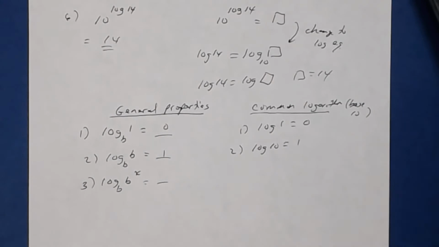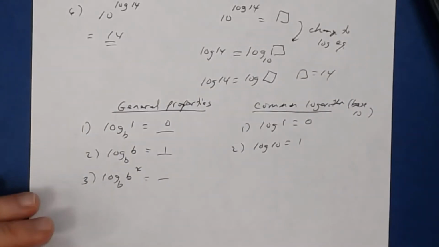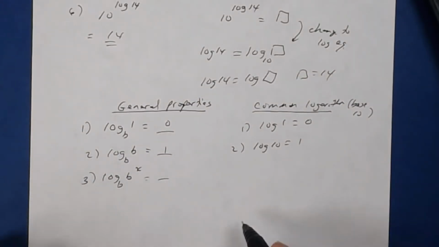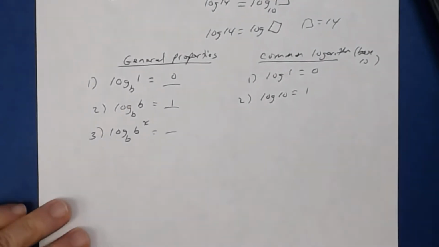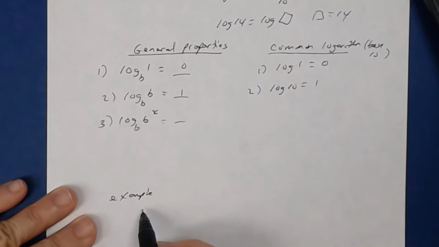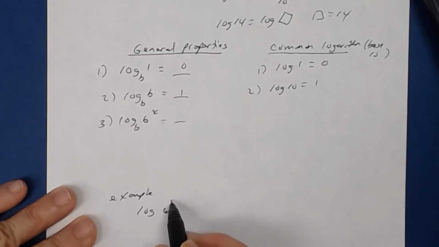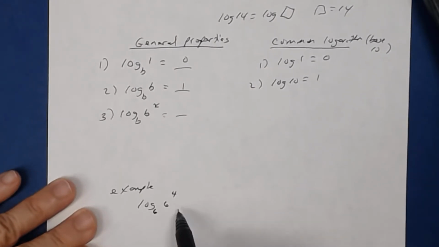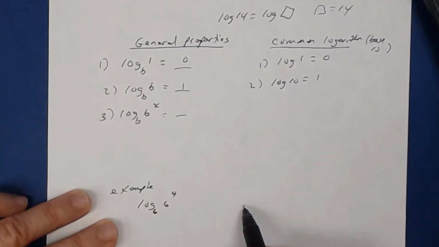and I didn't do an example in here, but we could. So let's review our example. If I have the log of 6 to the fourth power base 6, let's say, all right? I'm going to change this to an equation.